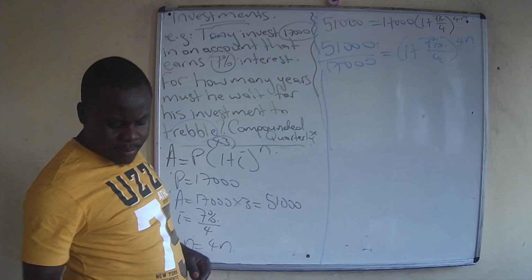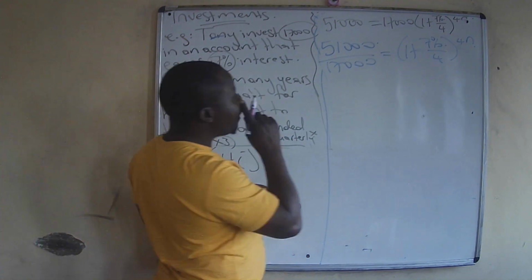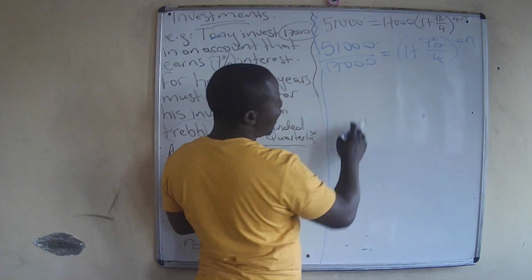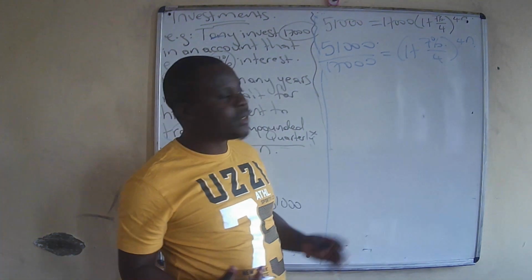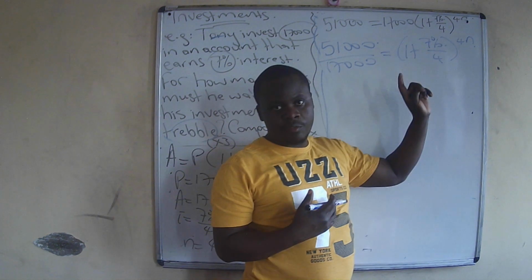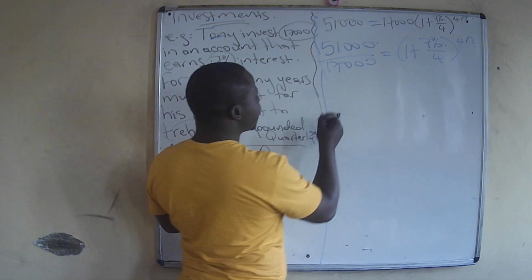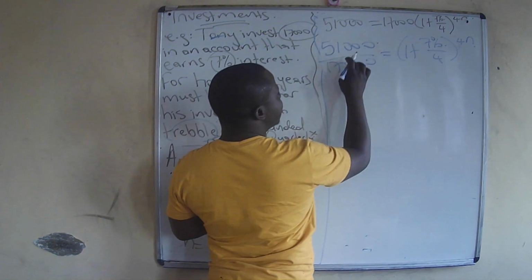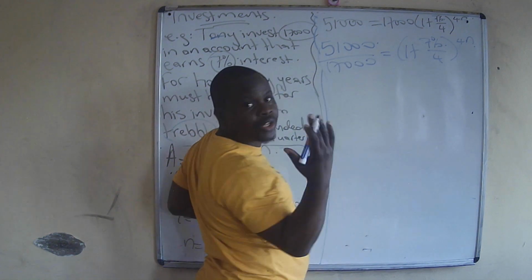The next step that we're going to follow is to introduce logarithms. Why introduce logarithms? Because our exponent is also the variable we are looking for. Introducing logarithms, 51,000 divided by 17,000 gives us 3.